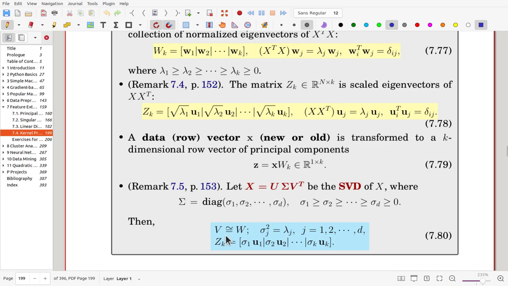When you compute the eigenvectors, this can involve the negative of that V matrix, so except for a multiplication by -1, they are the same. Also, sigma_j squared is the same as lambda_j, so the truncated score matrix can be rewritten in this form. That's the recall.